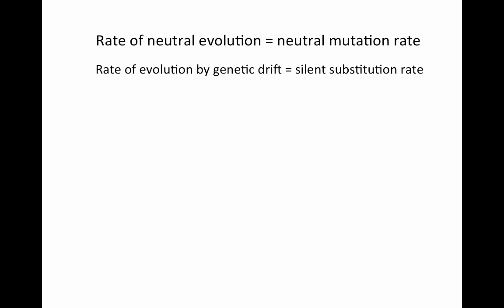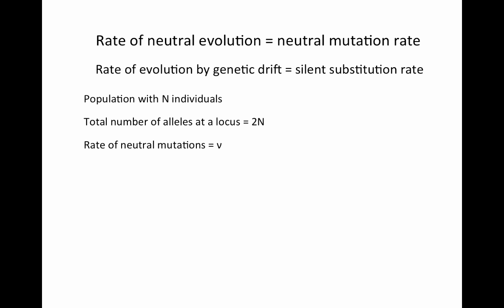So how do we get there? Let's start with a population with n individuals in it. At each locus, in a population with n individuals, the total number of alleles at that locus is going to be equal to 2n, 2 alleles at each locus for a diploid organism. And let's call the rate of neutral mutations the Greek letter nu.